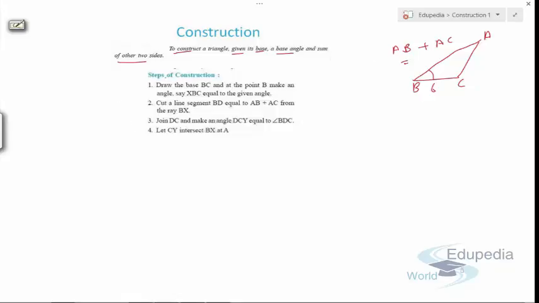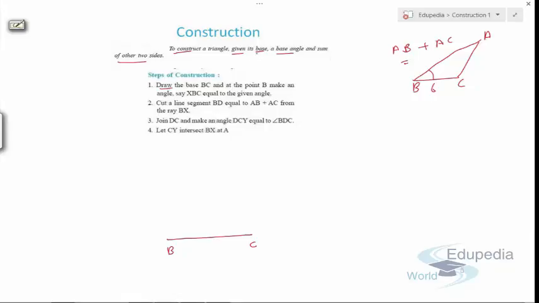Now, what are the steps of construction? The first step is we need to draw the base BC. So first of all we need to draw a base BC like this. Then at point B we need to make an angle, say XBC, equal to the given angle.